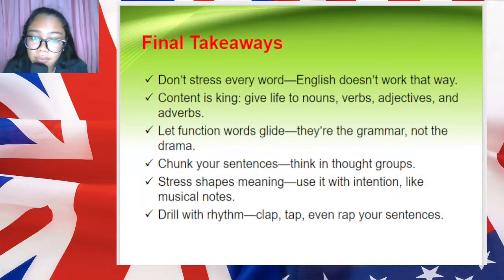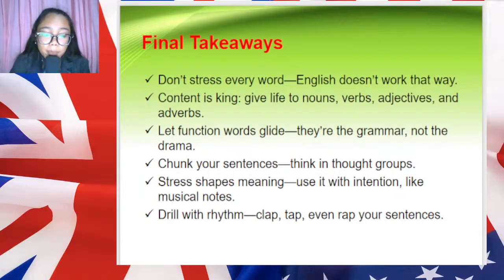Third, let function words glide. So they are the grammar, not the drama. So this is the perfect complement to the content is king idea. Function words are those smaller, often less stressed words that primarily serve a grammatical purpose. So think about common ones like articles: a, an, the.